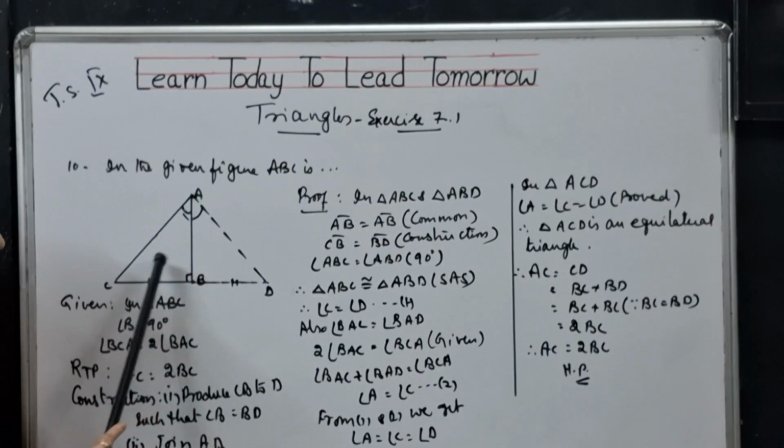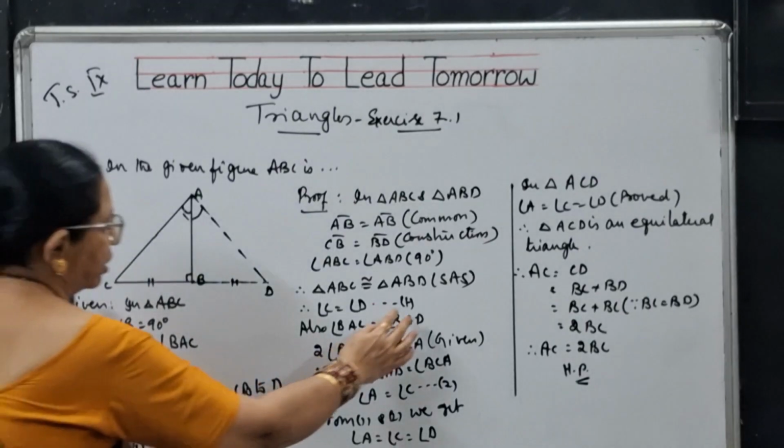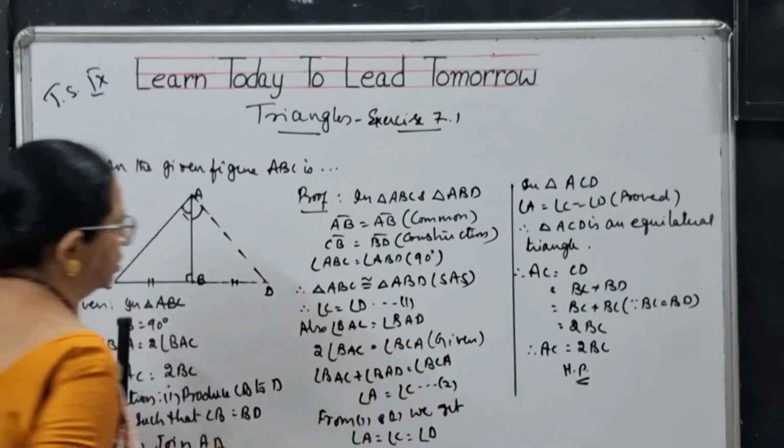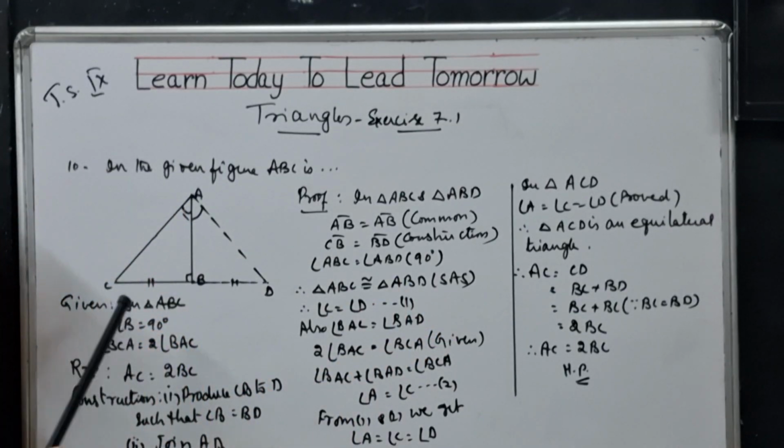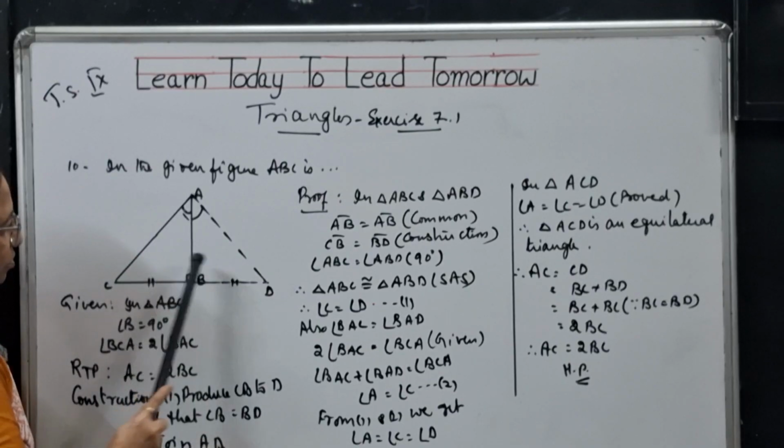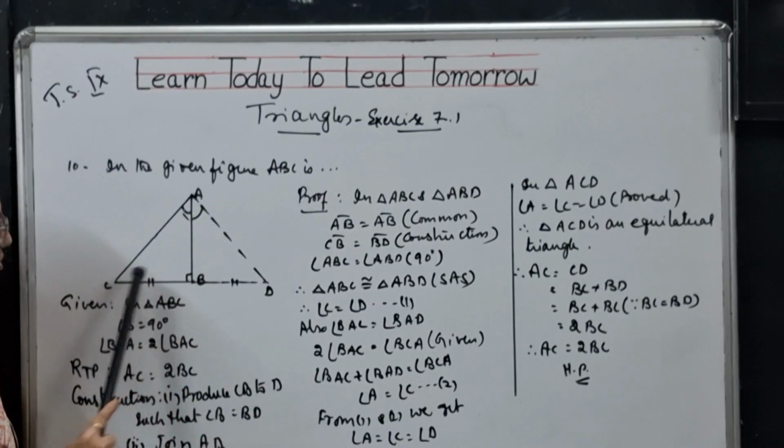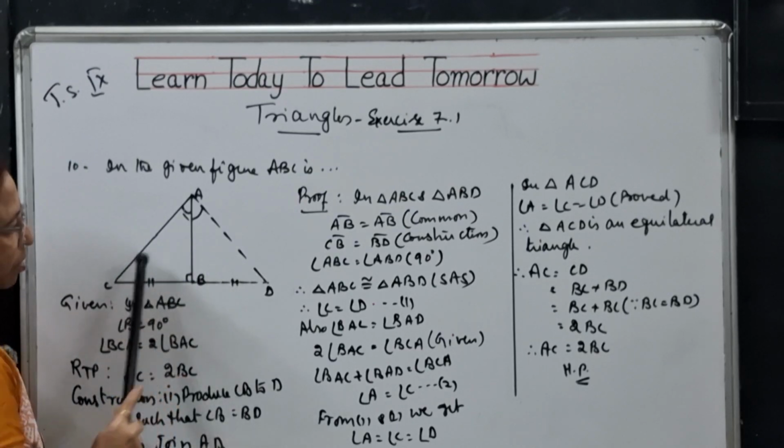So, 2 triangles are congruent based on side angle side property. When these 2 triangles are congruent, angle C is equal to angle D. Let us consider it as equation 1. Now, also what they have given, angle BAC is equal to angle BAD, because these 2 triangles are congruent.